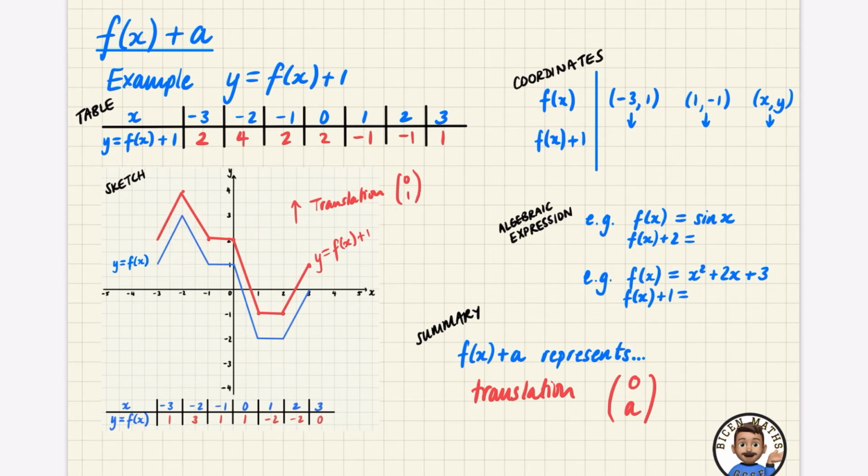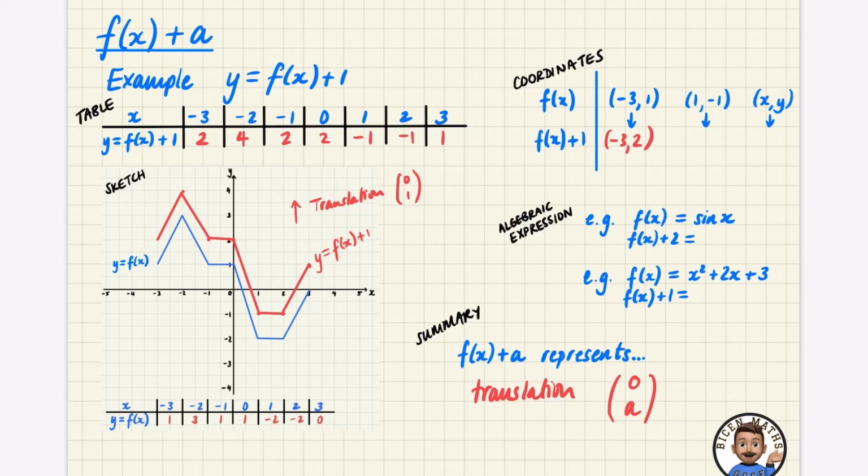So we can also think about how this might behave if we were talking about coordinates. The only coordinates that changed on this graph were the y coordinates. You'll notice here the y coordinates all increased by 1. The x coordinates stayed the same. So the coordinate (-3, 1) became (-3, 2).